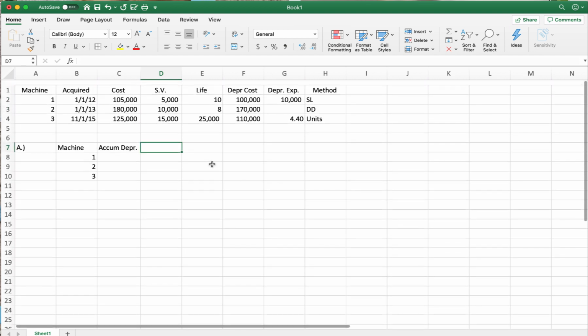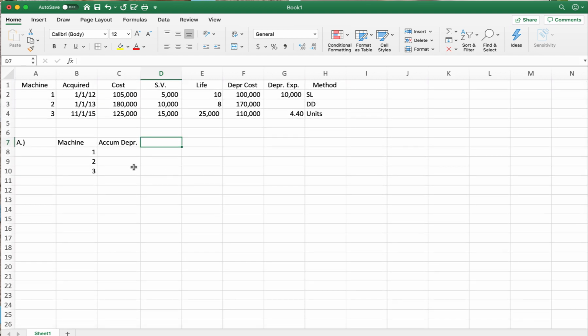Well, it all depends, right? It's going to change differently. For machine 1, we're using straight line. So I'm going to take my depreciation expense, which is $10,000, and multiply that by 4. Is it 4? Yeah, it's 4.